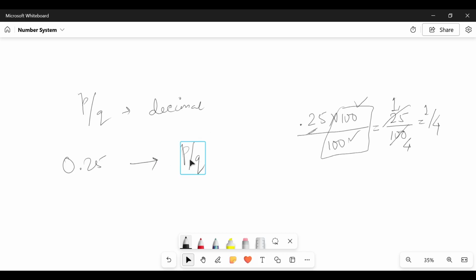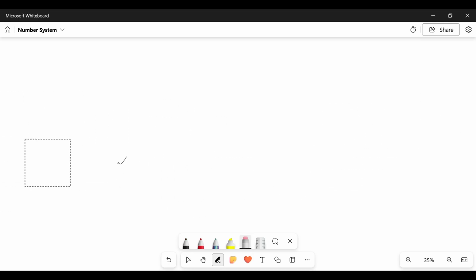Let's also deep dive and see a couple more examples, because what we just tried to understand is a very simple terminating decimal number converted into a rational format. Now how about a scenario where the decimal number is non-terminating, and we want to see if we can convert it into a rational number?